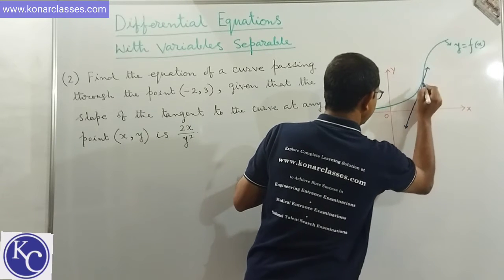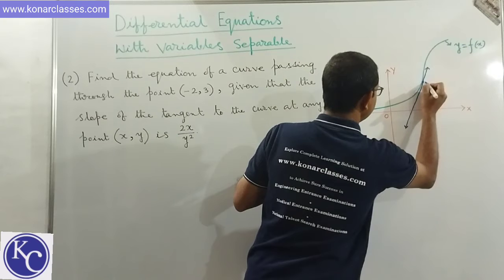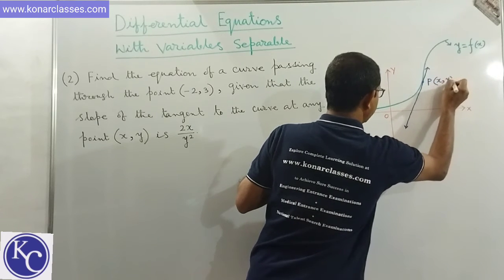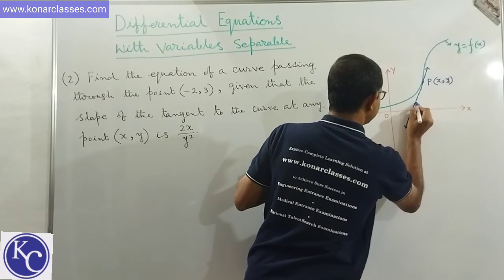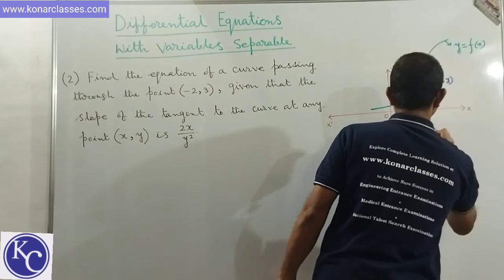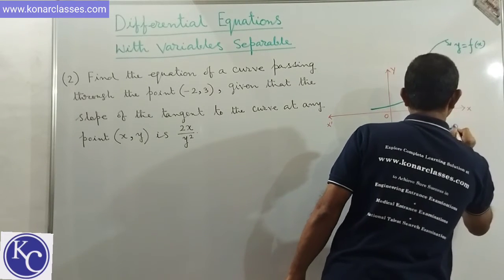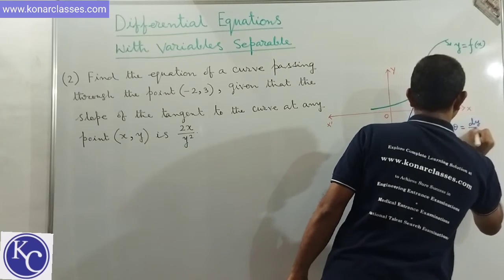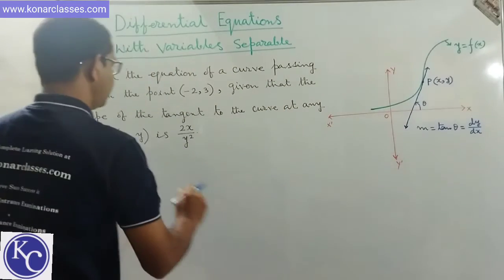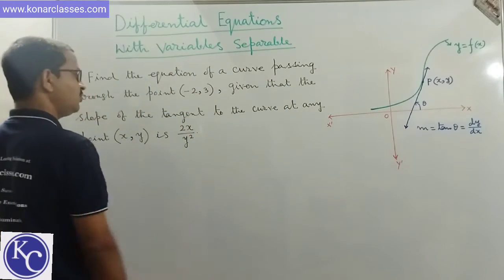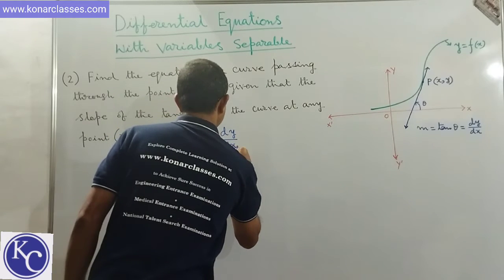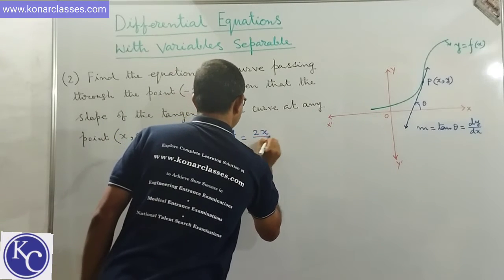If the coordinate of that point is P having coordinates (x, y), and this is the angle theta, then what is the slope we know? m, right? Remember tan theta. And this tan theta is nothing but dy/dx. According to the question, what is given, dear students, is that dy/dx equals 2x by y square.